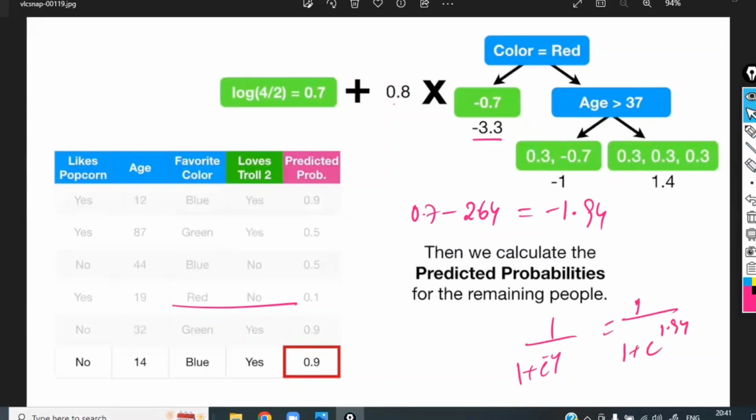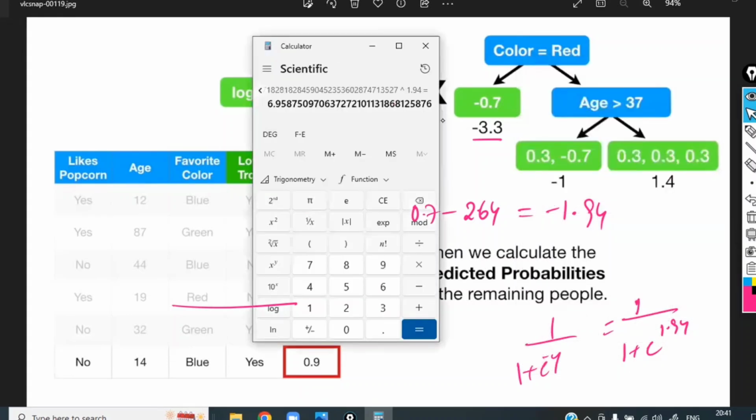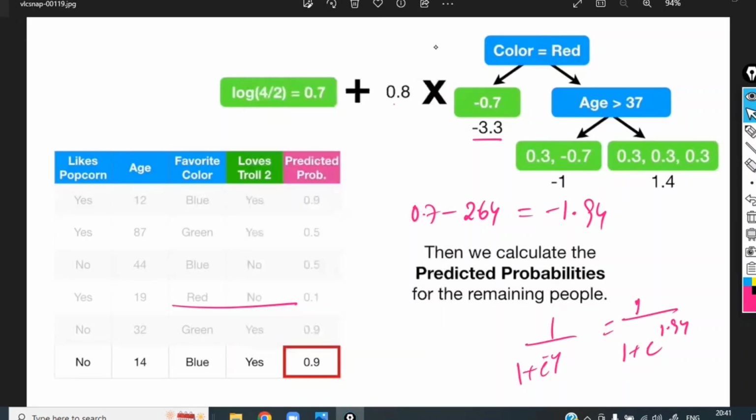Simple. Let us calculate this one. e to the power of 1.94 plus 1, and 1 divided by 7.95 is 0.12, which is about 0.1. Right?